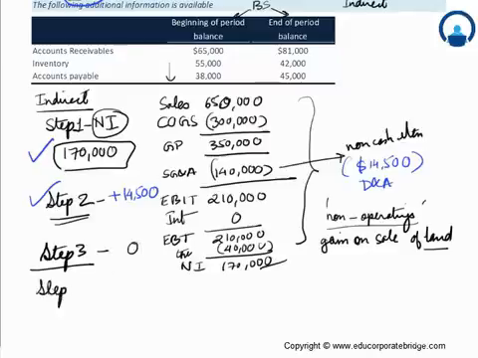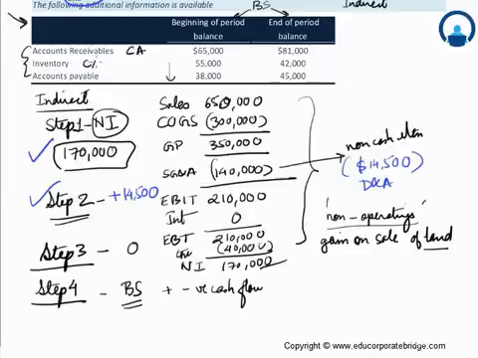What was step 4? Step 4 was to identify the balance sheet items and see whether the impact is positive or negative from the cash flows point of view. So let's look at this table here, which has been provided from the point of view of balance sheets. We know that inventory is a current asset, and here accounts payable is a current liability.